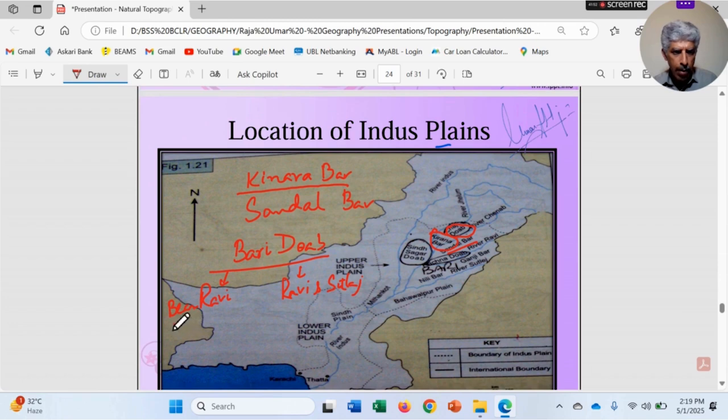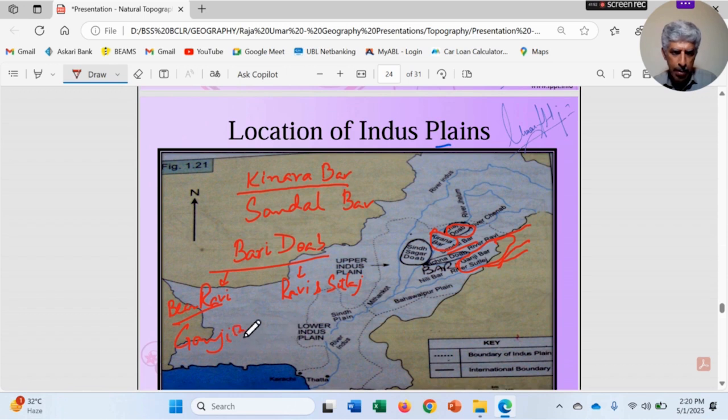Okay, now between Beas and Ravi, as I told you, here we have river Ravi, here we have river Sutlej, here we have river Beas, and this region is considered as the Doab between Ravi and Beas. That's why the bar upland is known as Ganji Bar.